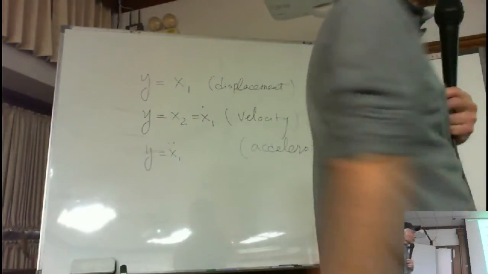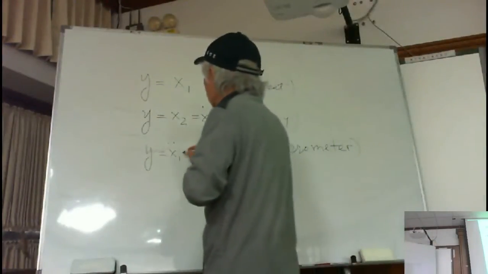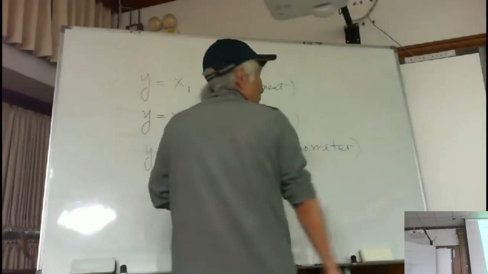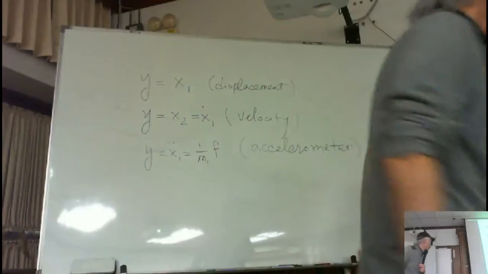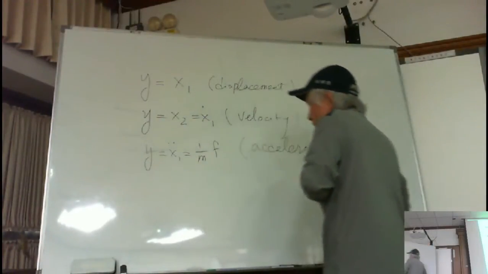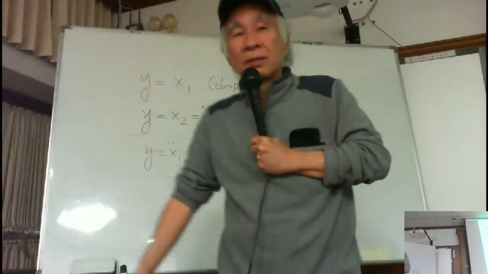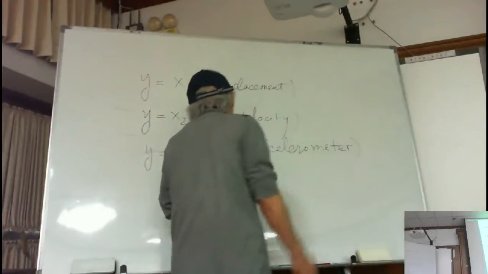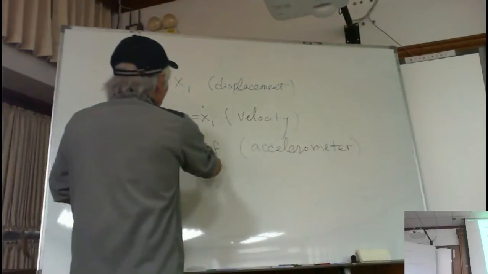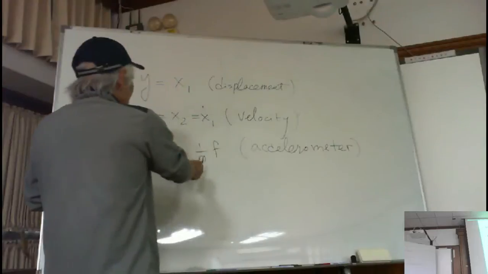Now the x1 double dot equals 1 over m times f, right? There's no m1, just m. So actually, if you use an accelerometer to measure the accelerations, you really get the quantity of f divided by m.